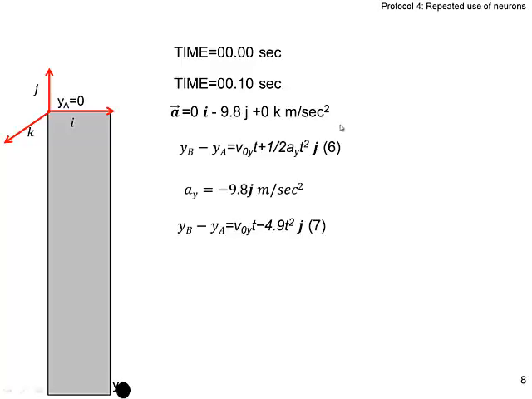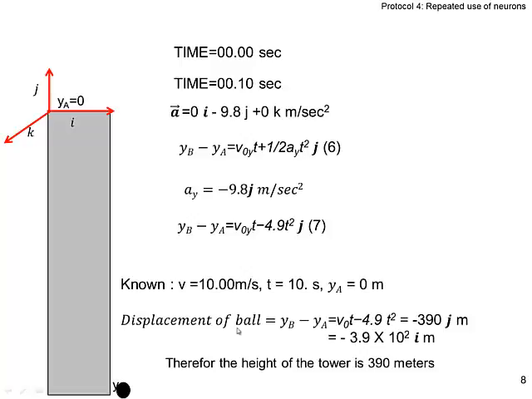Substituting ay equals minus 9.8 meters per second squared j, and given values of initial velocity v and time t, we get the displacement of the ball in y direction as minus 390j meters. Therefore, the height of the tower is 390 meters.